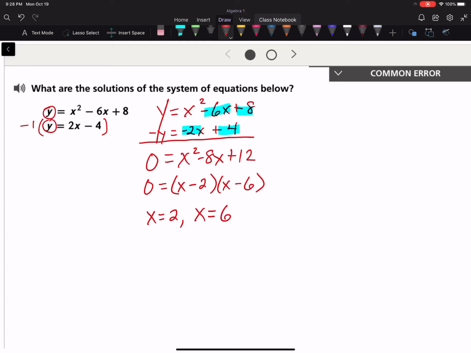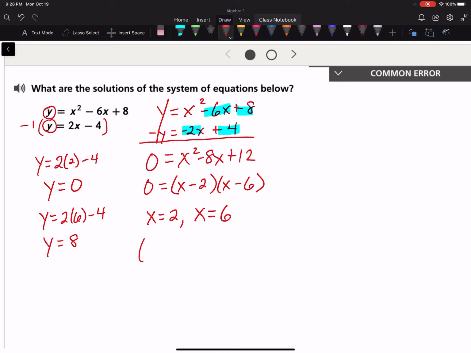So when x is 2, I'm just going to plug it into the linear one because it's usually a little easier math. I don't know why I put 4. Sorry about that. Let me try this again. 2 times 2 is 4, minus 4. That would be 0, and then I'm going to do 6 as well. Plug in 2 times 6 minus 4. That would be 12 minus 4 is 8.